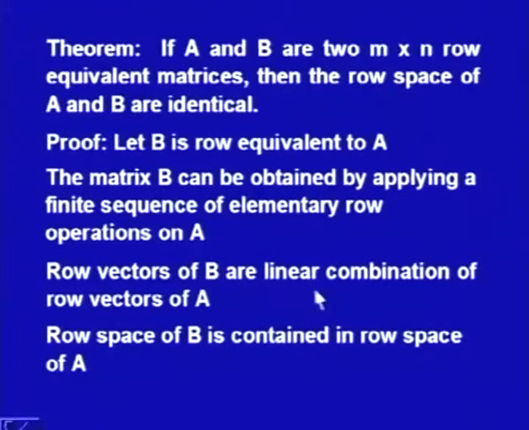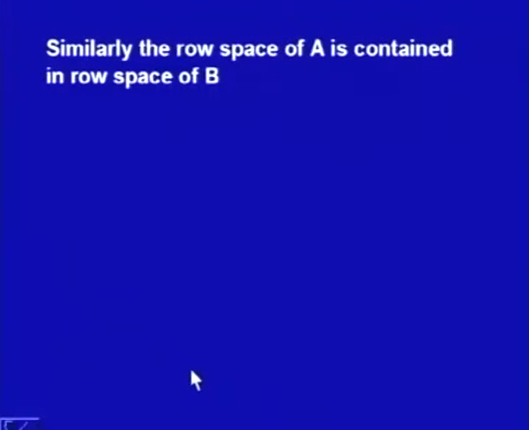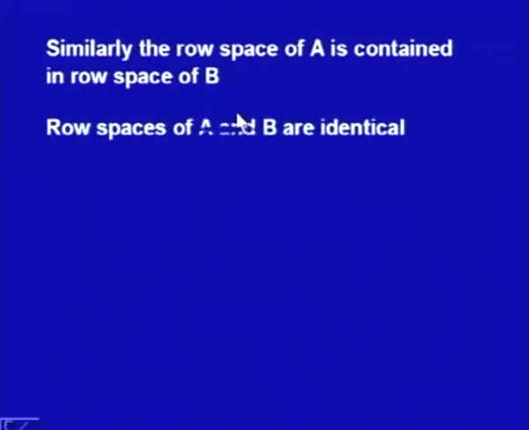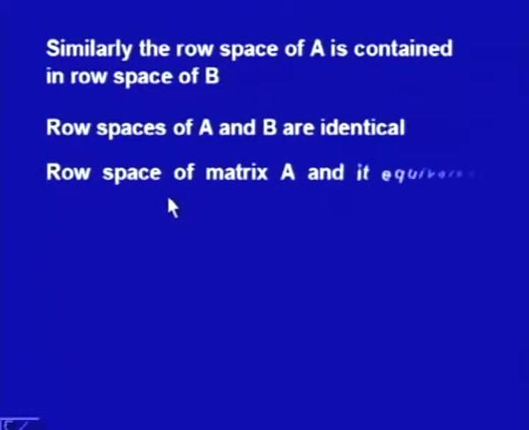So, row vectors of B are linear combinations of row vectors of A, and the row space of B is contained in the row space of A. Now, we say that the row space of A is contained in the row space of B. The same way we can prove this, as we have done for the other part, and since the row space of B is contained in that of A and vice versa, the row spaces of A and B are identical. So, that is the result.